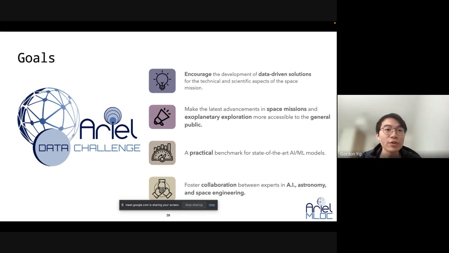If I'm describing myself to a machine learning engineer, I'll need to use terms such as feature, loss function, and target in order for them to understand. The whole idea of the Ariel Data Challenge is that we package a problem in astronomy, any problem, and right now it's related to Ariel, in a way that machine learning engineers can understand, so that they can work on it using the materials that we provide to come up with a solution in a game-like situation.